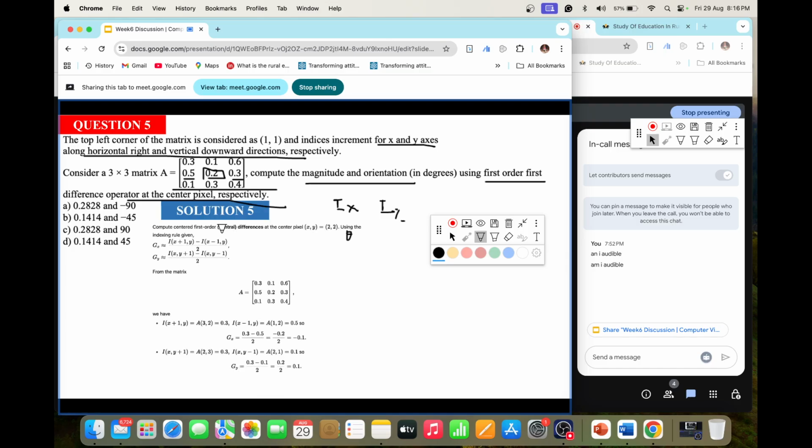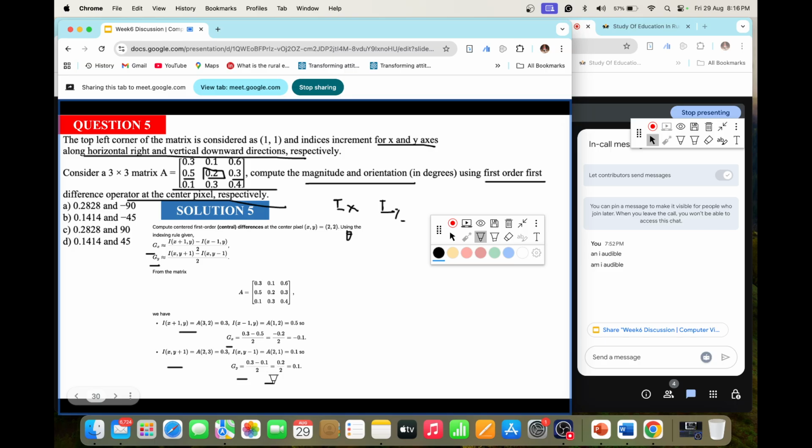So let me show you how to do it. This is your Gx and this is your Gy, and you can easily compute it. This is I(x+1, y), this is I(x-1, y), and you can calculate the Gx.